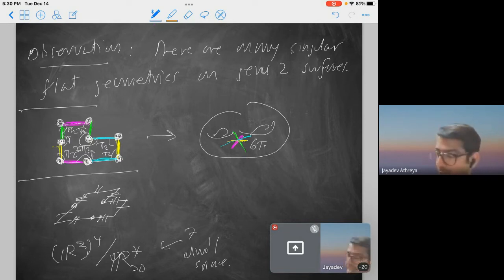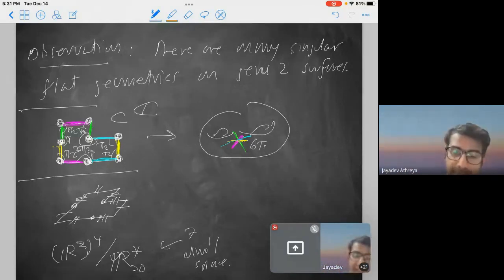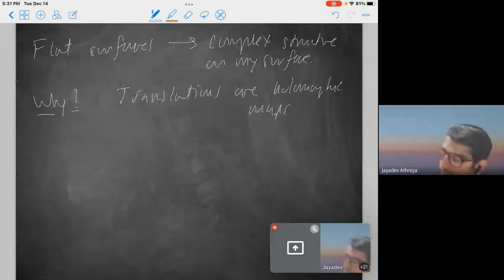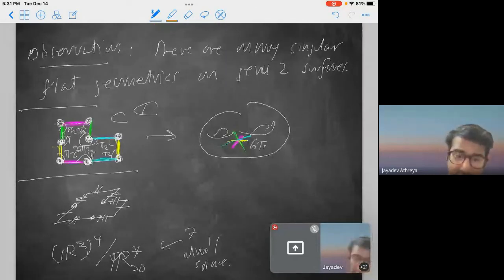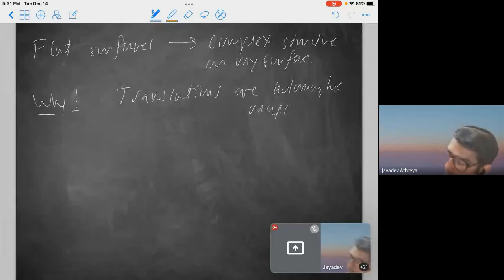I'm taking this domain in C, so thinking of this as sitting inside of C, and I'm gluing everything using translations. So whenever I have one of these, I actually have a complex structure on the surface. Locally, everything just looks like C, and the transition maps are just translations, which are holomorphic, so I have a complex structure.